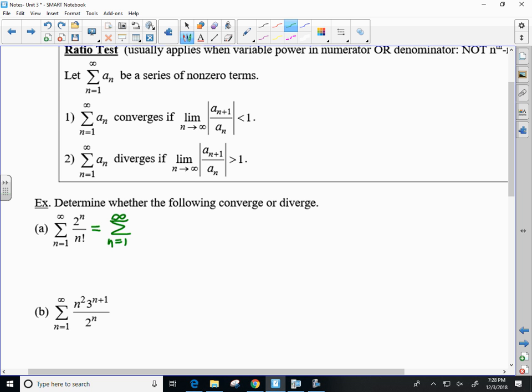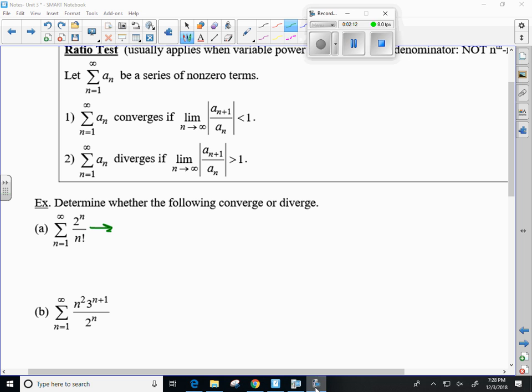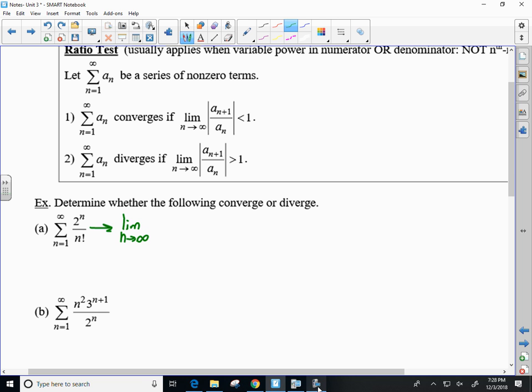So on the top, actually, I don't need the sum. We're doing a limit. I was thinking of something else, and I started this way. So, limit as n approaches infinity of the absolute value of a sub n plus 1. So all of this stuff replacing n's with n plus 1.